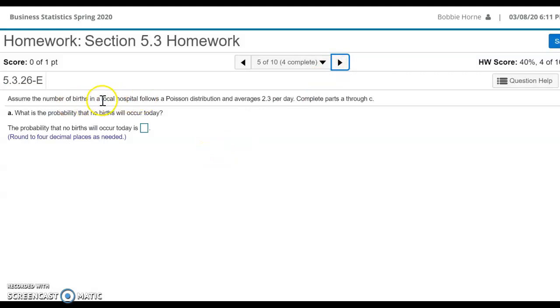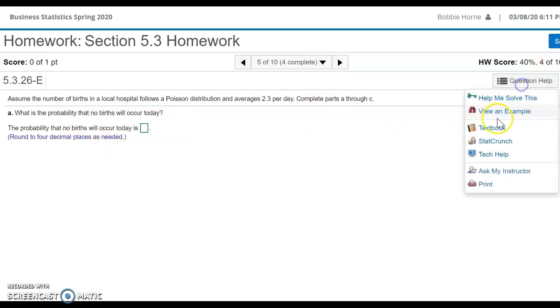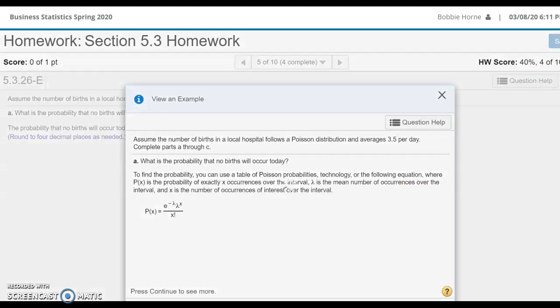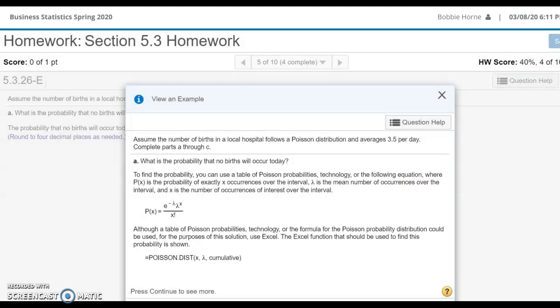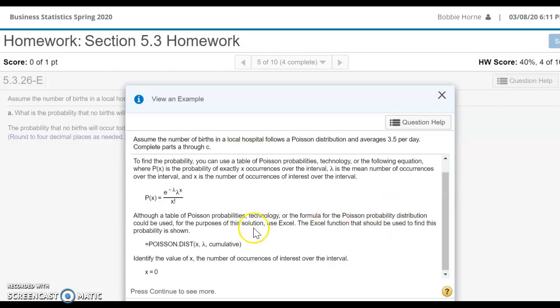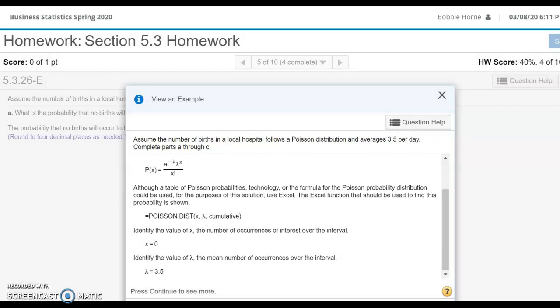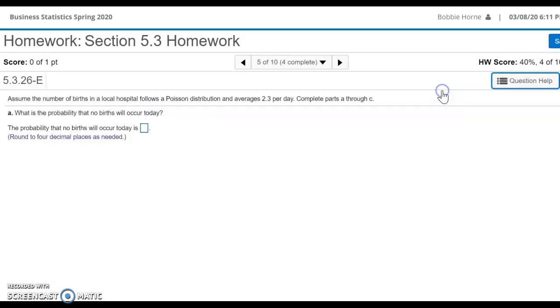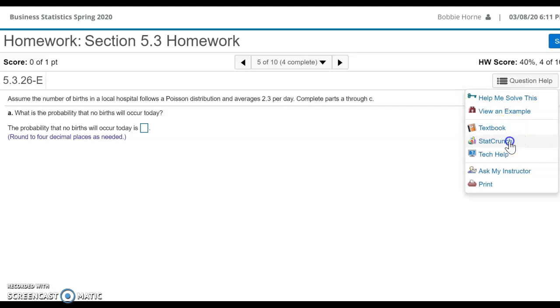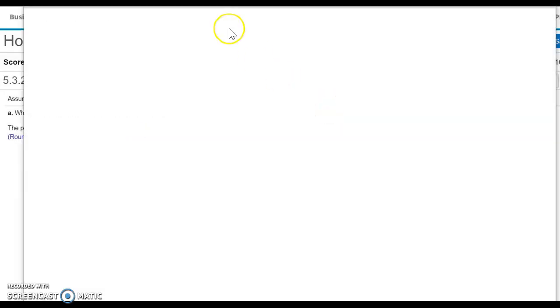Assume the number of births in a local hospital follows the Poisson distribution and averages 2.3 per day. Complete parts A through C. What is the probability that no births will occur today? So I'm going to view the example. Okay, I think they want you to use technology. So I'm going to use StatCrunch.